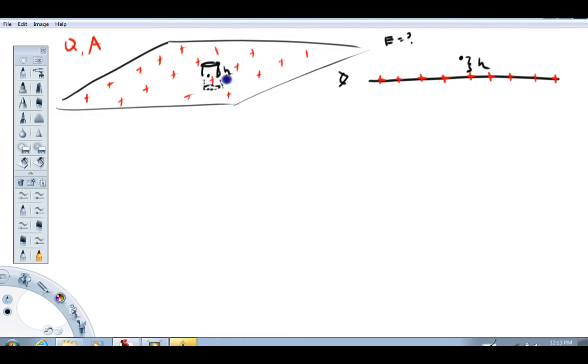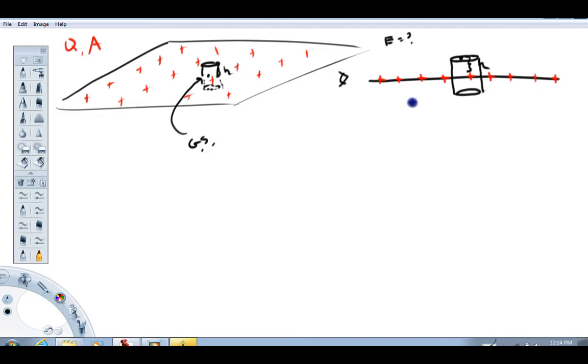It's important that the surface be a closed surface. So there is my Gaussian surface, and I'm going to label it GS. In the picture on the right, if I was doing a side view, this is what we would see. Boom. Now, this thing looks like a beer can or a pop can or something like that.